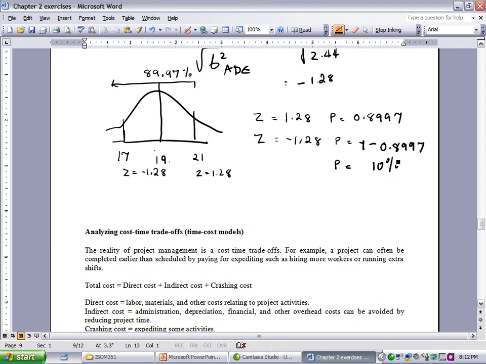So the negative Z value is just 1 minus P of the positive.